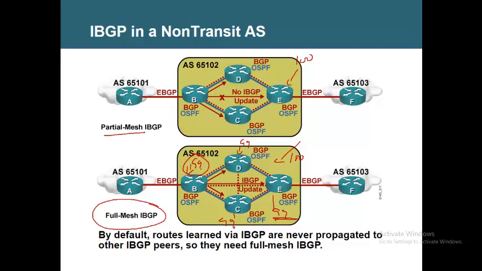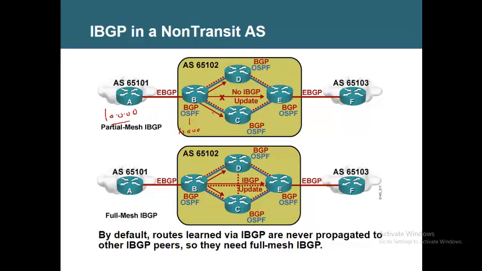But the problem is, it will only work when you have full mesh. Even though you got BGP on all these routers, there is a problem. What is the problem? Let's say I got 10 network here, Abraham's network. It goes here.